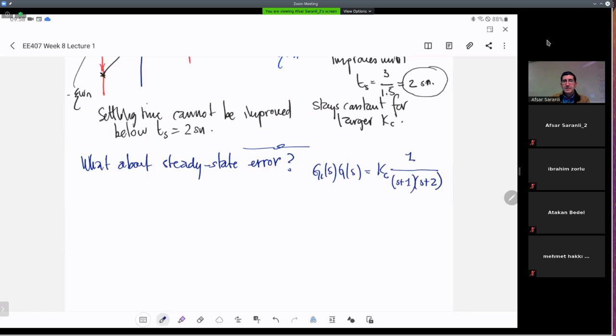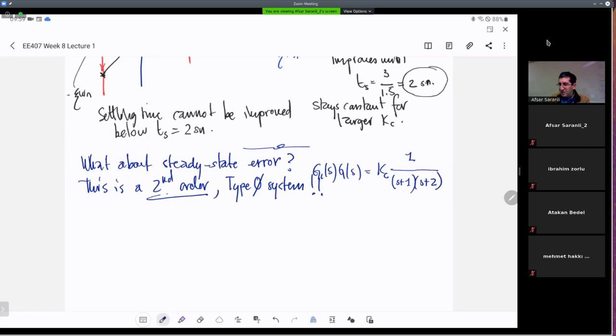No, type 2? Really? Don't confuse type with the order of the system. Type 0. It's a type 0 system, right? This is a second order type 0 system.